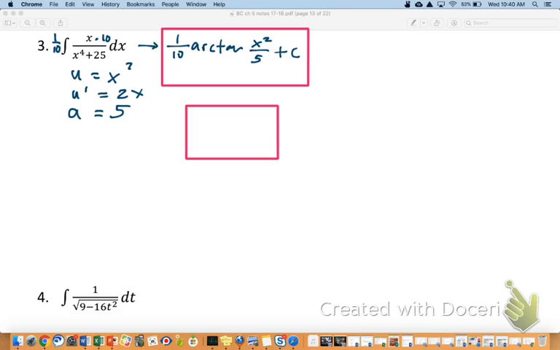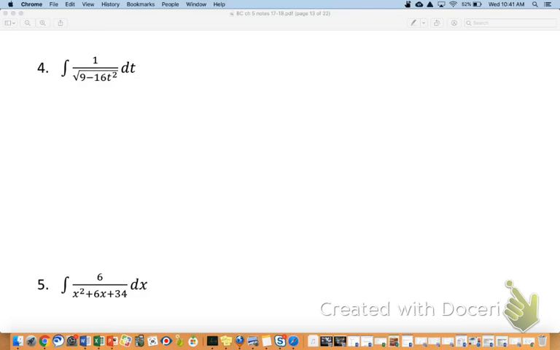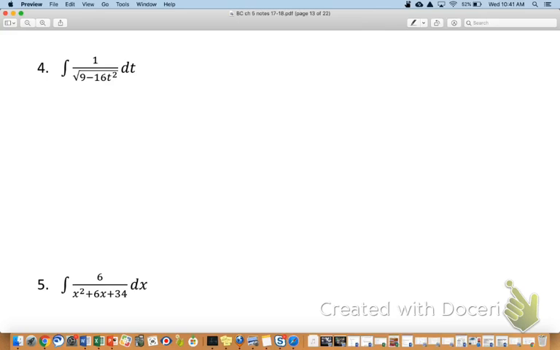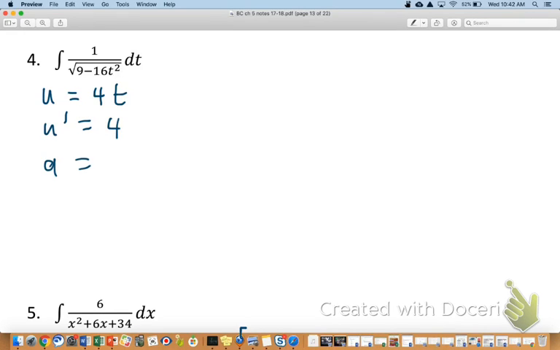All right, so then the last one is this one down here, number 4. This looks a lot like what? Looks a lot like arcsine. If it is going to be arcsine, what's the u? U is 4t, therefore u prime is? And the a value would have to be... So I put this in here at the end because this is a little different pattern than arctan.